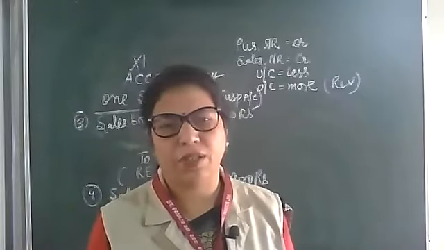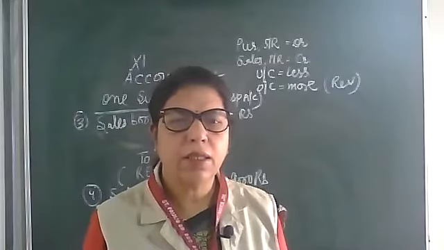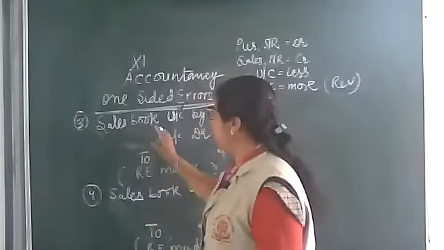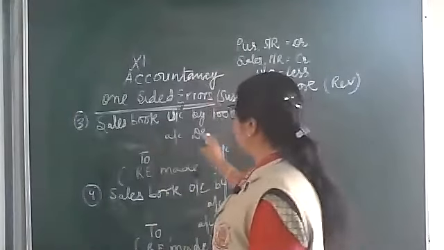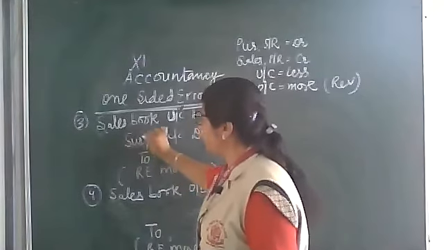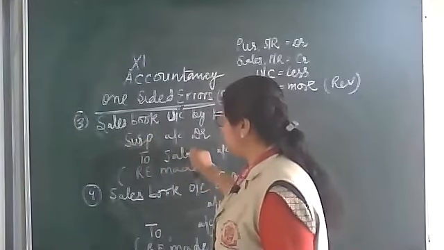Reverse effect. Clear? Samriddhi, got it? So sales book undercast means suspense account debit to sales account.